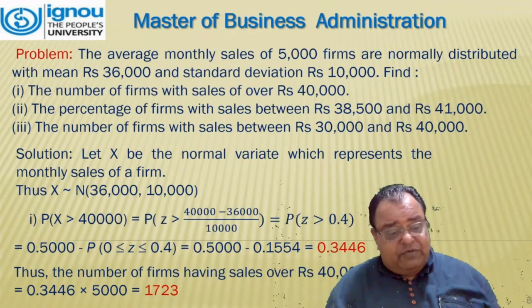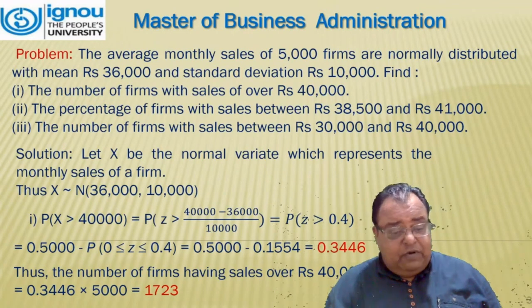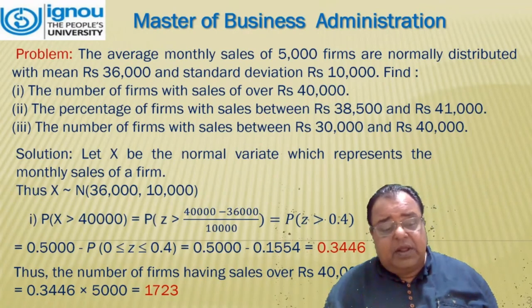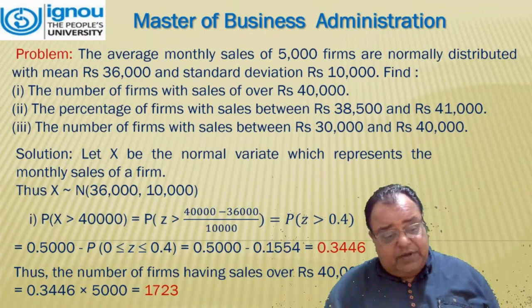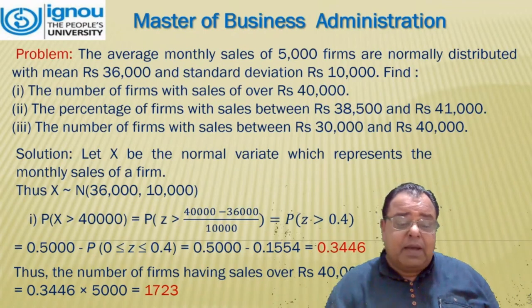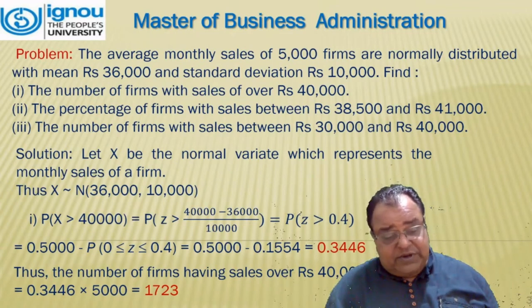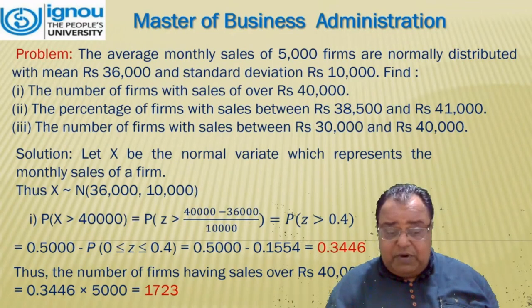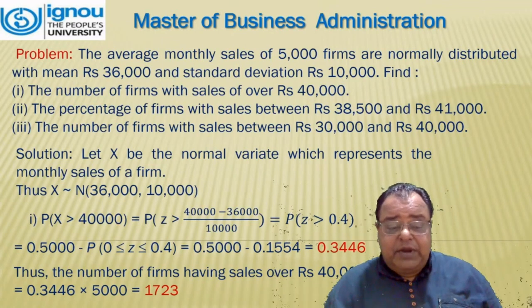That means we have to convert this P(Z greater than 0.4) into the normal tabular form, which will be written as 0.5 minus probability 0 less than or equal to Z less than or equal to 0.4, because in the tabular form we get the value from 0.